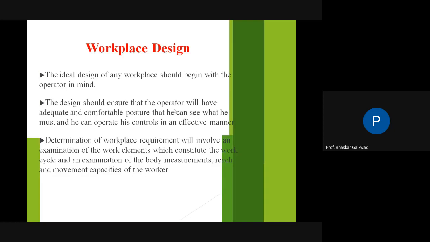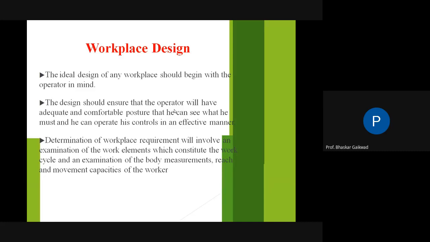After anthropometry, we come to workplace design. For workplace design, what do we require? Where we are working, that place, how can we design it? Here a man has two hands and two legs. We need optimum utilization of these arms as well as two legs, and your sitting conditions, your moving conditions, and your standing conditions.